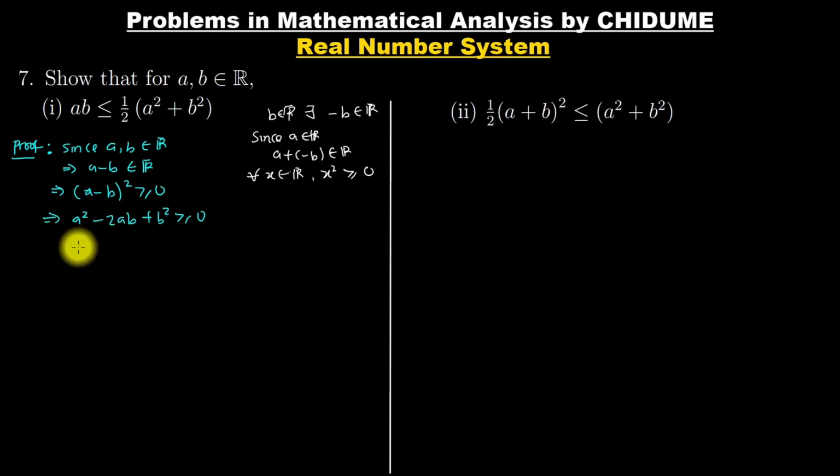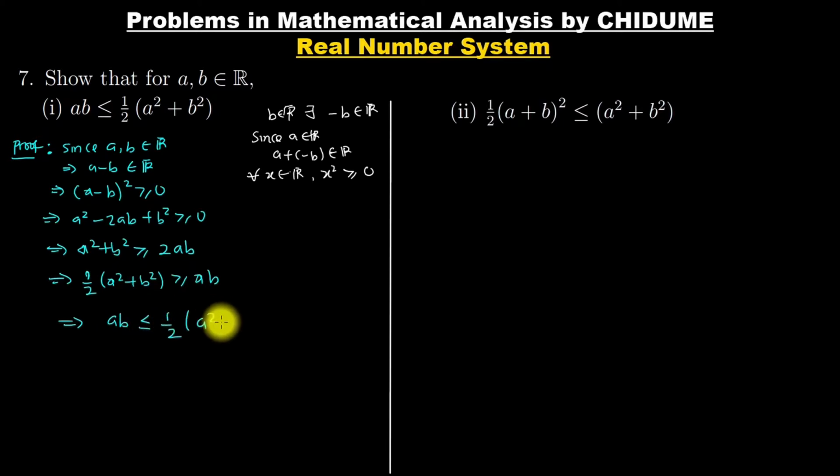If I add 2ab to both sides, I'm going to have a square plus b square greater than or equal to 2ab. Dividing both sides by 2, I'm going to have 1 over 2 open brackets a square plus b square close brackets greater than or equal to ab, which implies that I can write it as ab less than or equal to 1 over 2 open brackets a square plus b square close brackets. So we are done with the first proof.